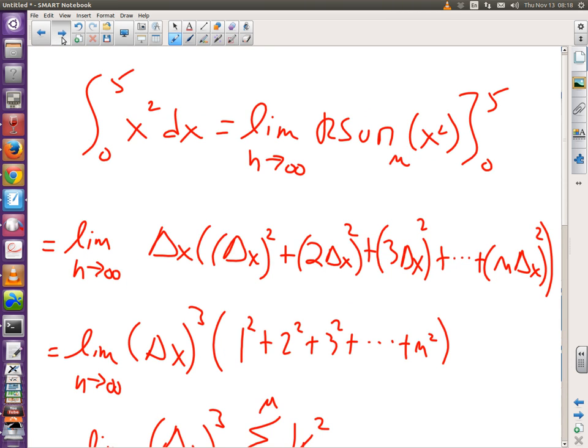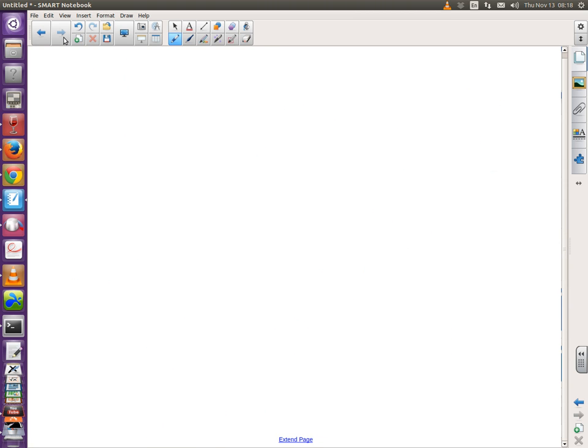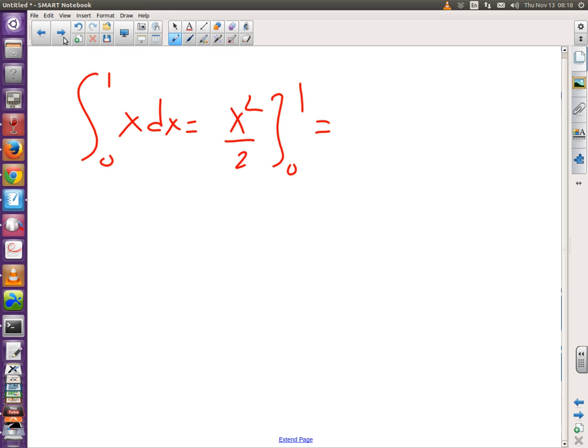So now, let's be more modern. Riddle me this. Do it the modern way. Antiderivative, x squared over 2 evaluated from 0 to 1 is going to be 1/2.